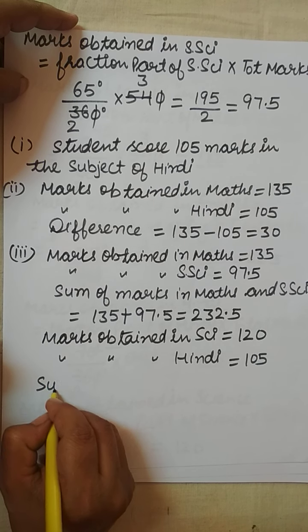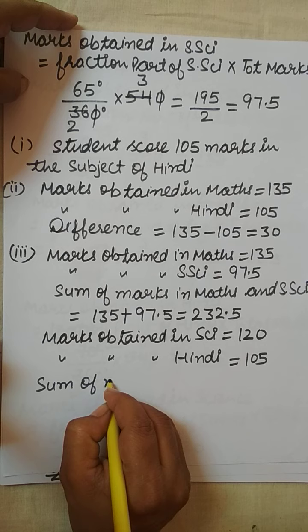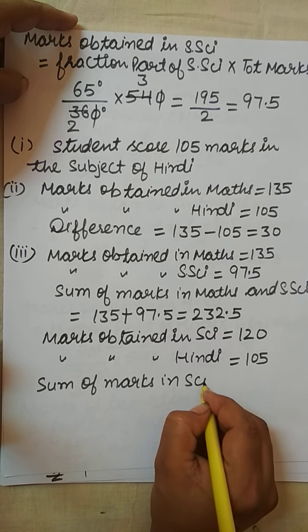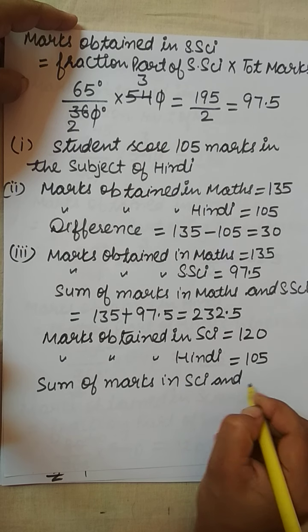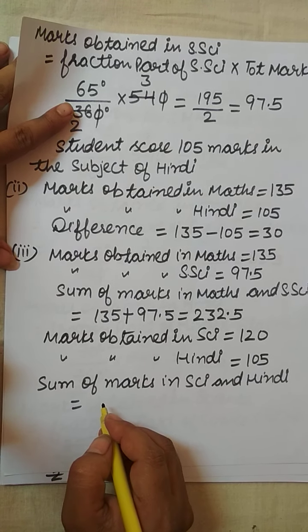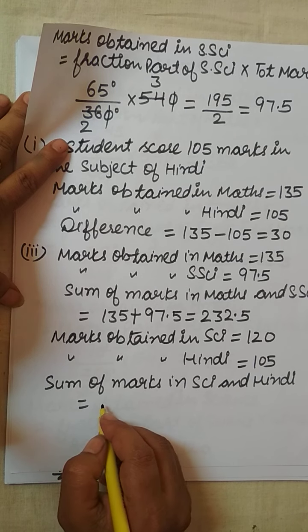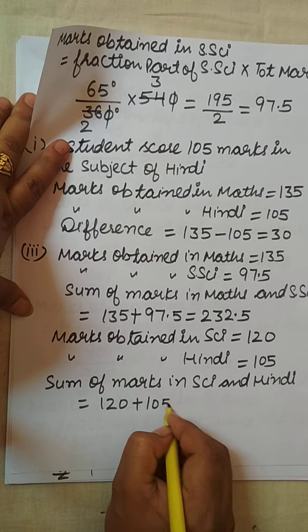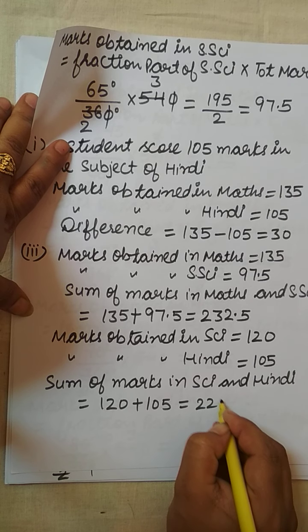So the sum of marks in science and Hindi, that is equal to 120 plus 105 is equal to 225.